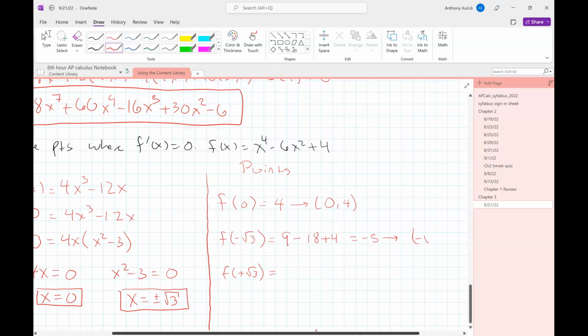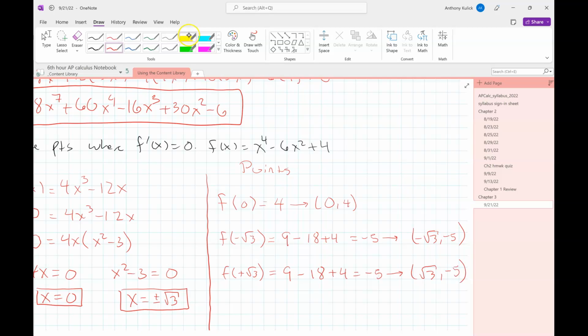So that's negative root 3 comma negative 5. I plug the positive in. Since all the exponents are even anyways, I'll get the exact same thing. So those are my answers.